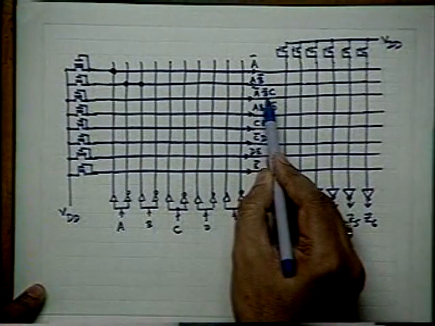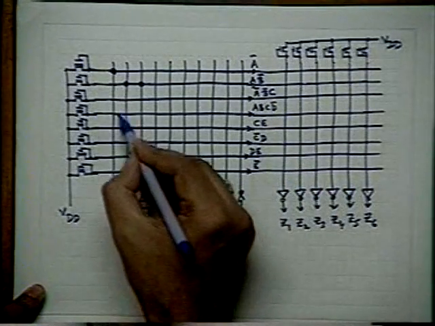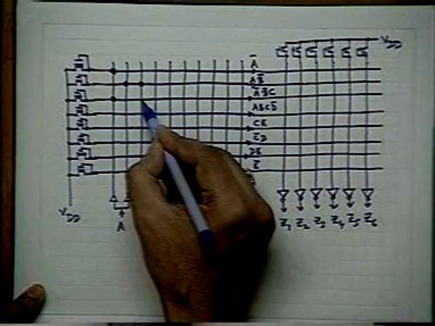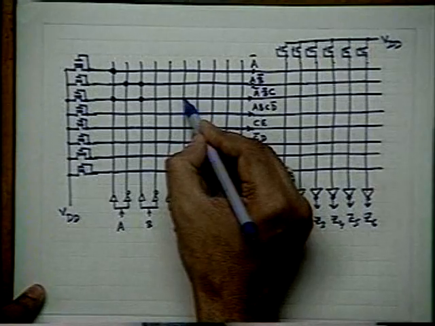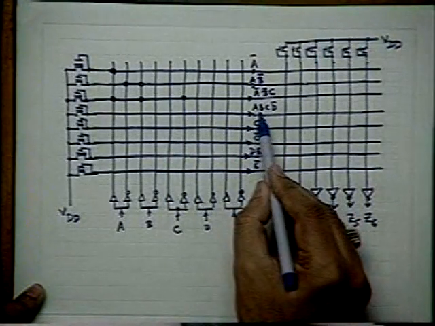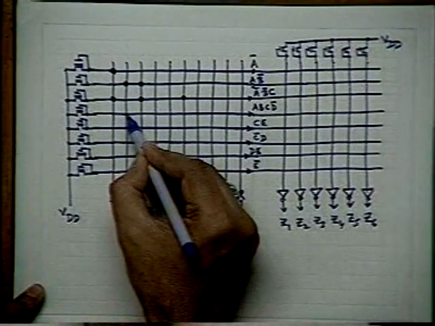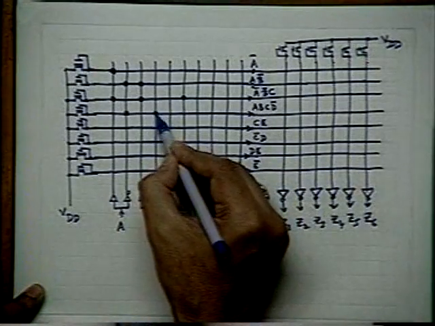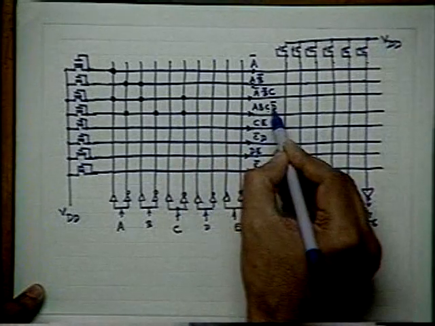To produce A bar B bar C, I have to have A at the input, B at the input, and C bar at the input. To produce A B C D bar, I have to apply A bar at the input, B bar at the input, C bar at the input, and D at the input.